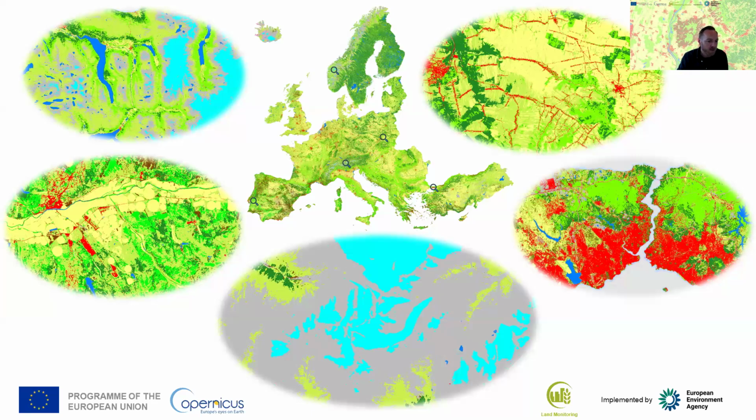And then we have two examples from mountainous regions with glaciers. On the upper left, an example from Norway. And then at the bottom, a very interesting example showing the CLCplus Backbone timeline. The products 2018, 2021, and 2023 for a glacier in Tyrol, actually one of the largest glaciers of Tyrol, the Hintereisferner, which is shrinking very fast.